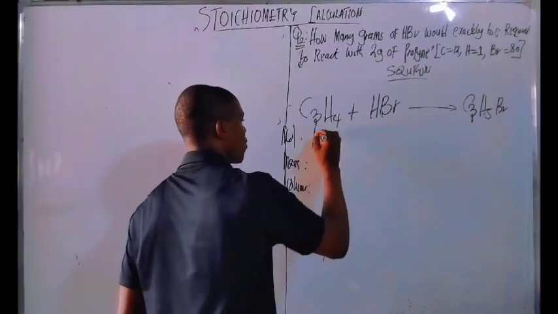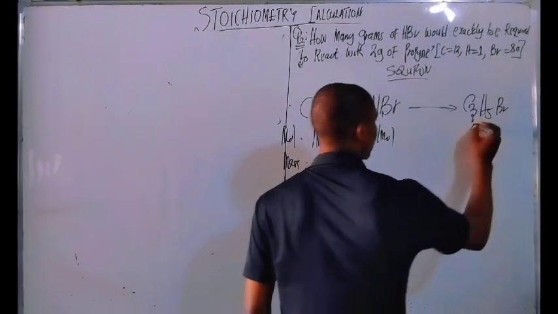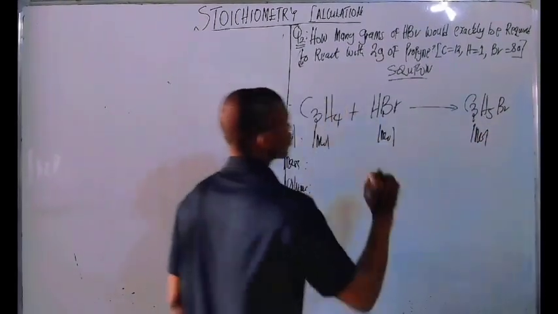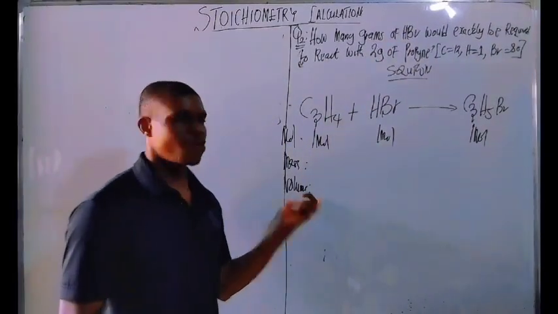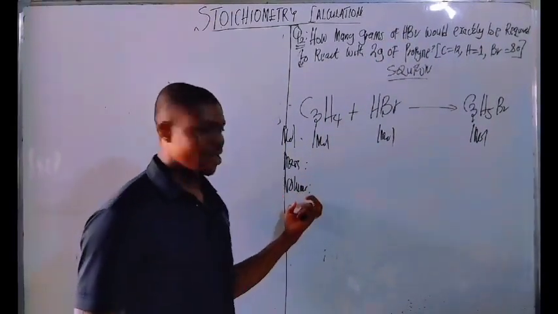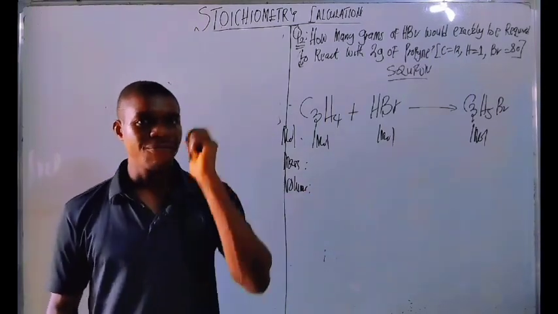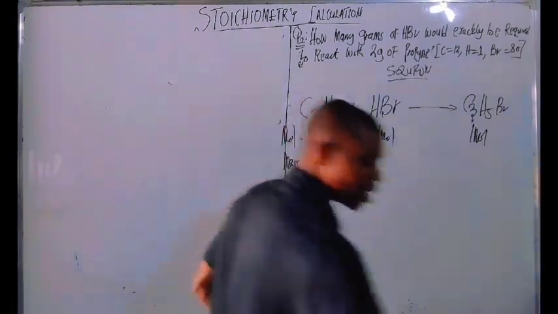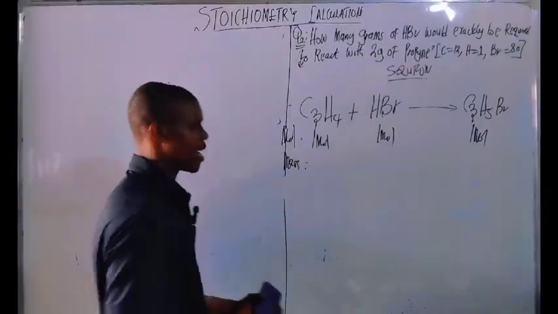You have 1 mole here, 1 mole here, and 1 mole here, right? Now, if you check this question, they did not talk about volume. So volume is not really needed. Bringing in volume here is just a waste of time, because they did not say anything about volume at STP, so you ignore this part. You only need mole and mass.